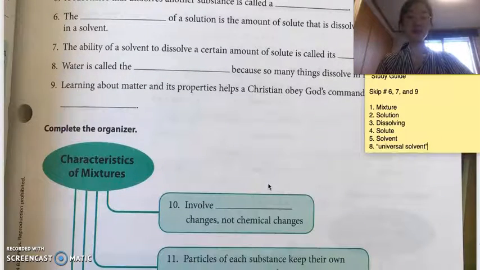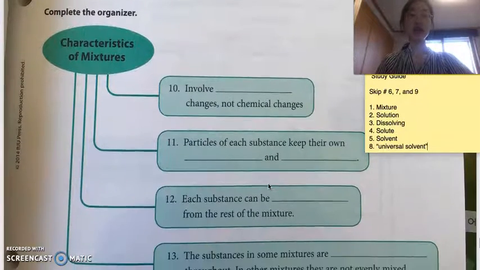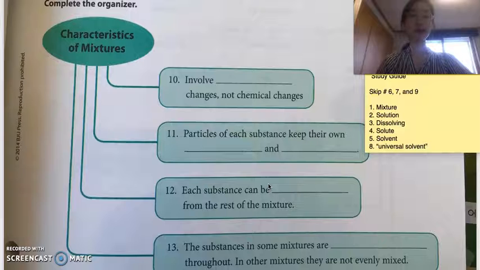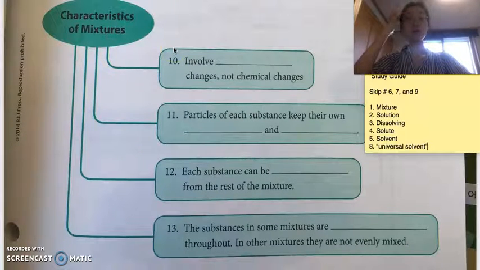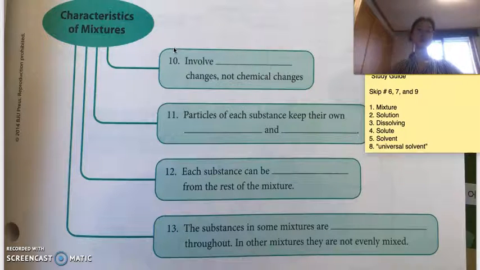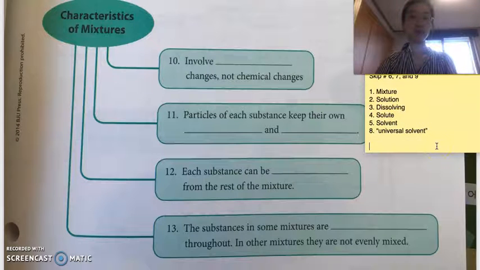Okay. So we're going to go straight into the last part of the workbook page, complete the organizer. This is a good review of the main ideas of everything that we read about mixtures this week. Let's go through these together. Number 10, mixtures involve blank changes, not chemical changes.